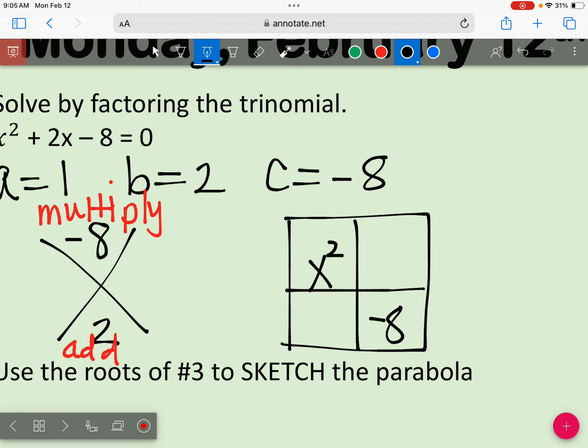Anybody know the numbers? What are my numbers that I'm looking for? Positive 4 and negative 2. Good job. All right, so now let's go ahead and take out our GCFs.